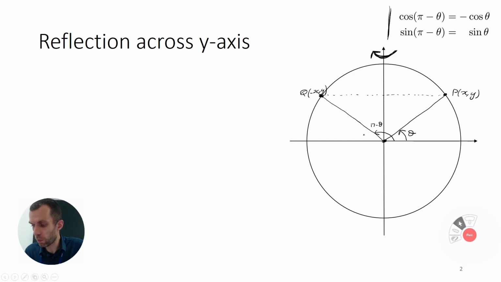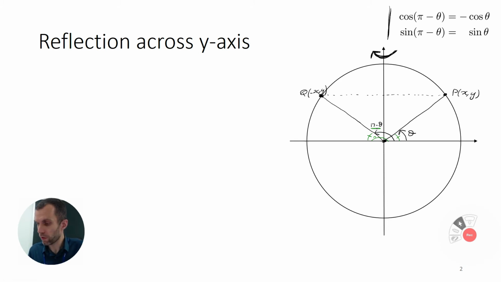To see why that is exactly pi minus theta, you can derive that from the fact that this angle and this angle right here are the same. They're both theta. And the entire angle spanned by the x-axis, that's pi, so what's left here is pi minus theta.